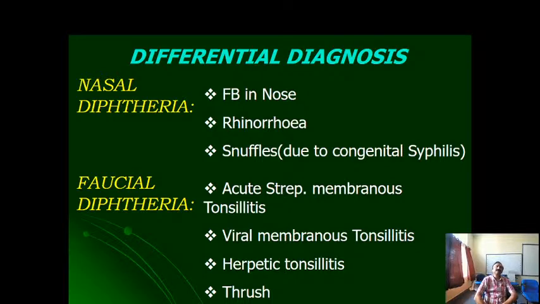In nasal diphtheria, the differential diagnoses to keep in mind are foreign body in the nose, rhinorrhea, and snuffles due to congenital syphilis. In faucial diphtheria, you have acute streptococcal membranous tonsillitis. You should also keep in mind viral membranous tonsillitis, herpetic tonsillitis, thrush, and infectious mononucleosis.